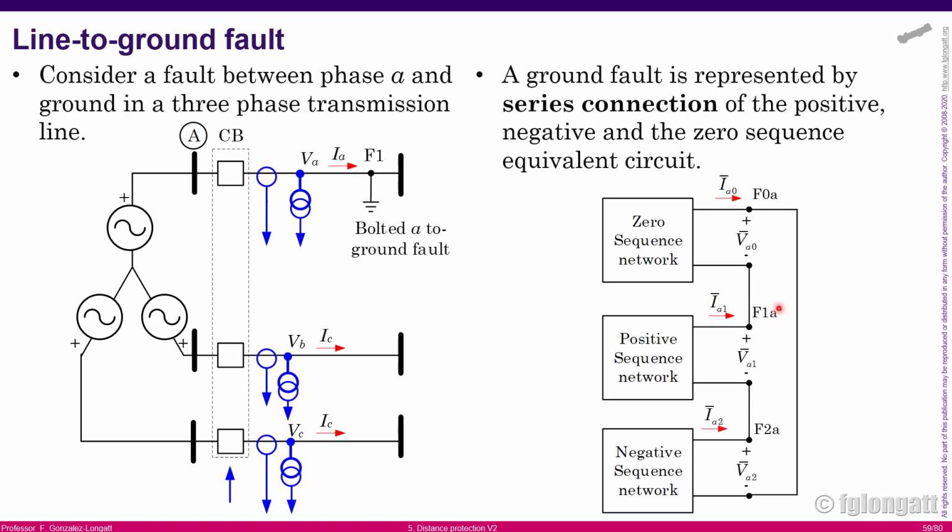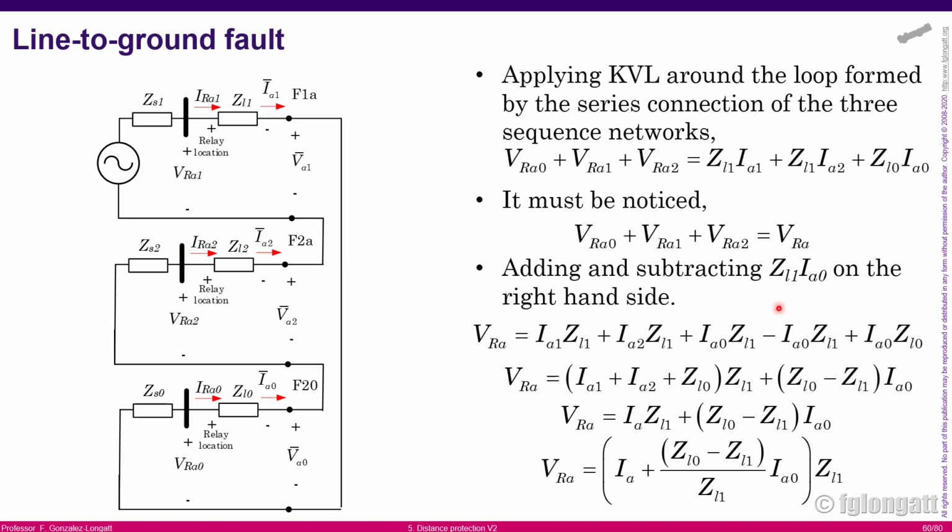Of course, if you have three sequence networks in series, the sequence currents are the same. And here, what I am showing is the detail for the positive sequence, negative sequence, and zero sequence. Subscript R represents the voltage at the relay location, and the subscript R here represents the current at the relay location.